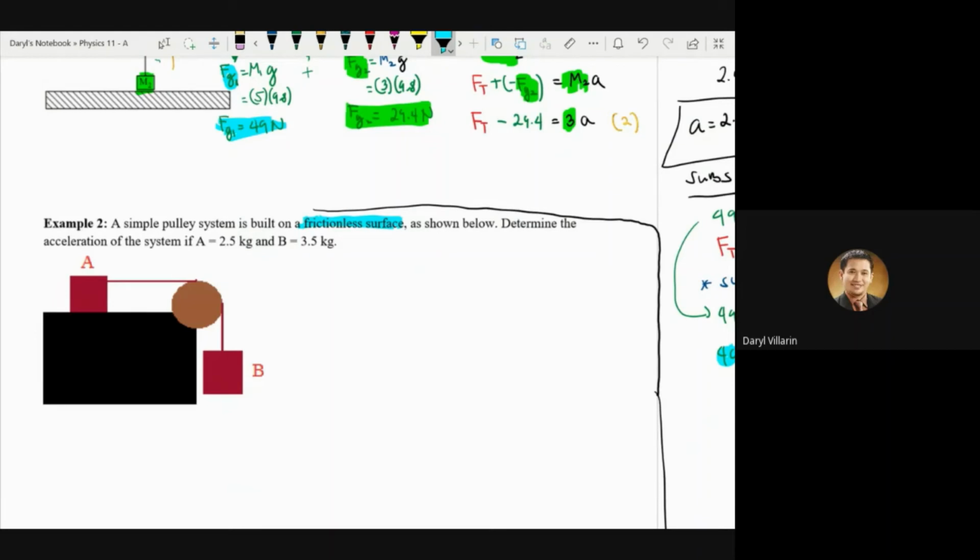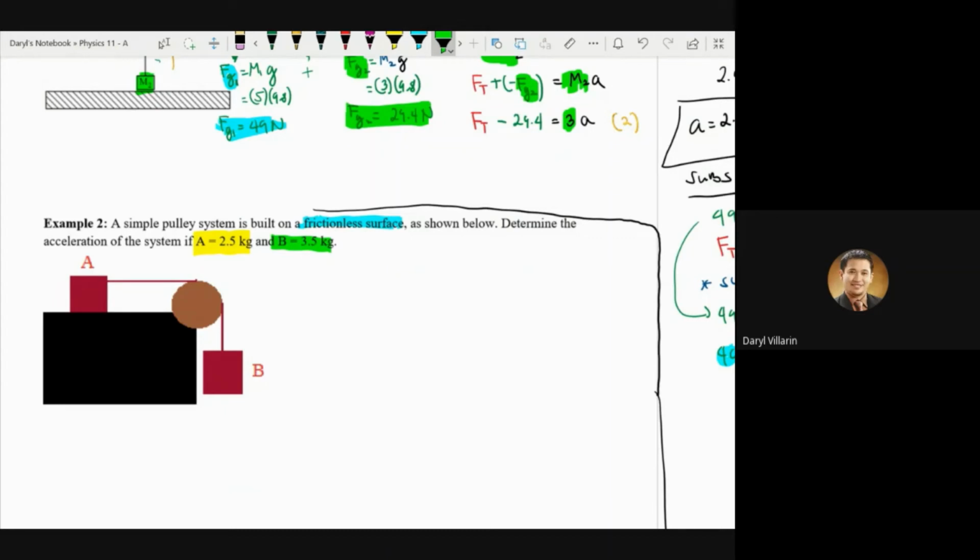Determine the acceleration of the system if the mass of the first object, A, is 2.5, and the mass of the second object is 3.5.